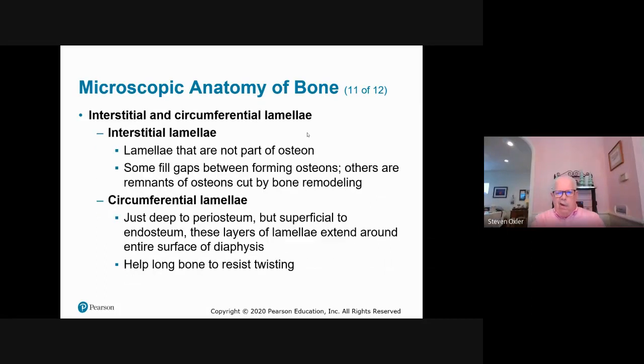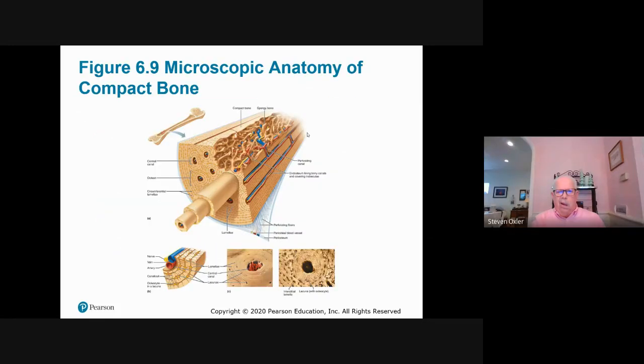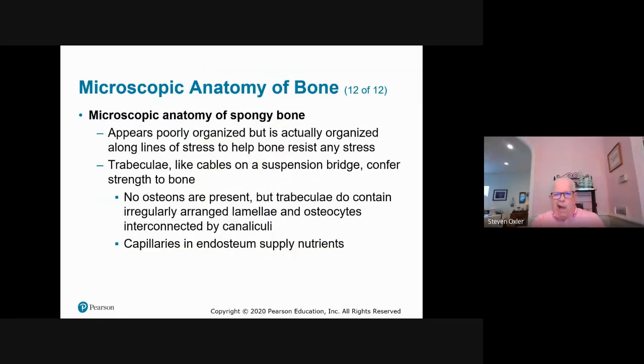The lamella, you don't have to worry about. That's not important. But that was compact bone. Let's talk about spongy bone. Spongy bone is poorly organized.